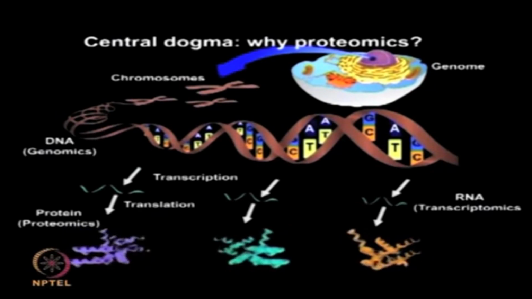Study at the DNA level is known as genomics, RNA level transcriptomics and protein level proteomics. Analysis of the proteome involves protein extraction, separation, identification and finally, characterization of various proteins.